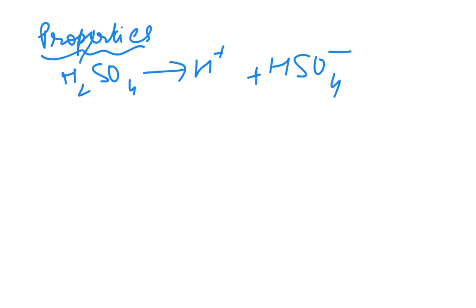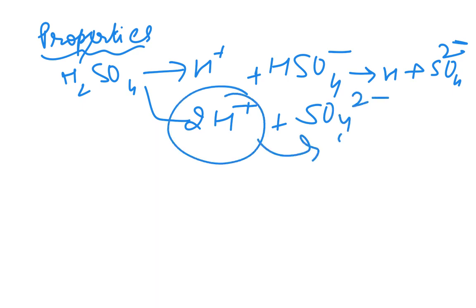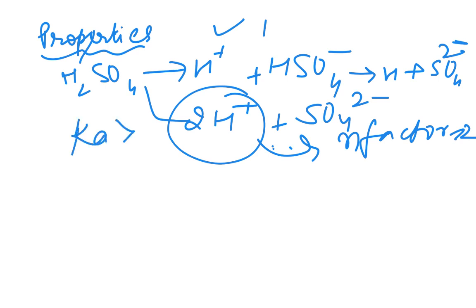Or it can give 2H plus and SO4 2 minus. As it gives 2H plus, the n-factor will be equal to 2. So it is a very strong acid. Here the n-factor will be 1, but here the n-factor will be 2. And the K is very large for sulfuric acid.